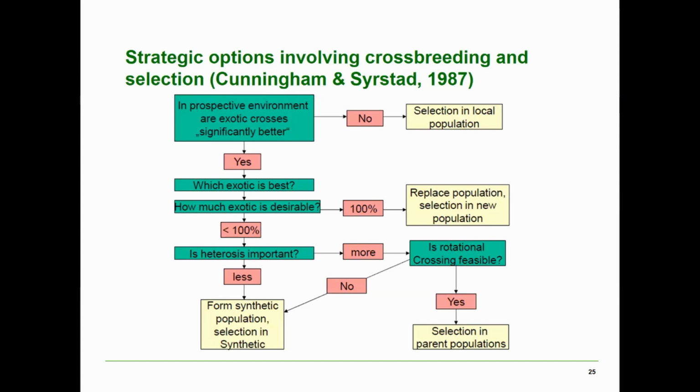So, just to arrive at the right place when it comes to the best approach, which crossbreeding strategy should be used. You see here that there are various questions that need to be answered, and then we can determine where our parental population should come from, or if we should replace, or do a selection, or not do crossbreeding at all and rather go with selection within the local population.